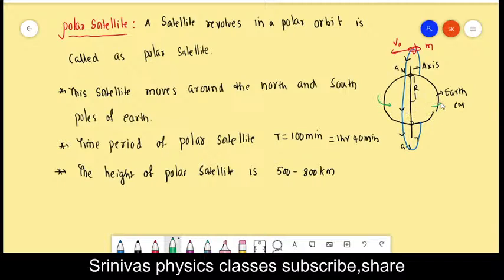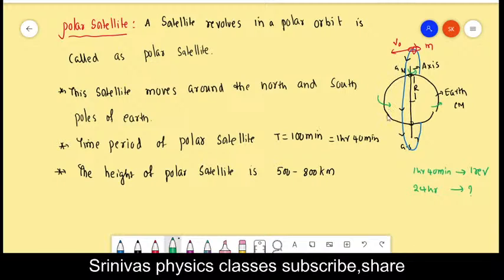In 24 hours it completes one rotation, while the satellite in 1 hour 40 minutes completes one revolution. We have 24 hours in a day, right? Nearly how many revolutions will it take? Nearly 12 revolutions.